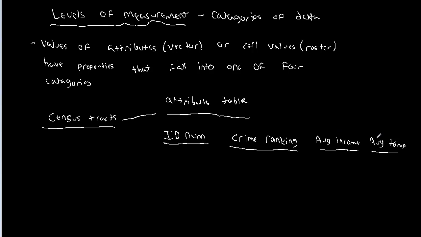Whatever the thought being, we have these four variables in the attribute table for some census tracts. So what I want to do is talk about the properties of these four variables as they relate to the four categories of levels of measurement that we're going to talk about. So we're going to be coming back to this idea of the census tract and these four variables here.